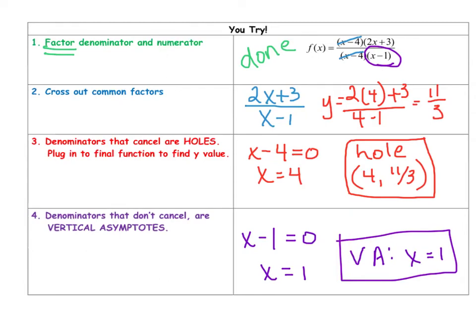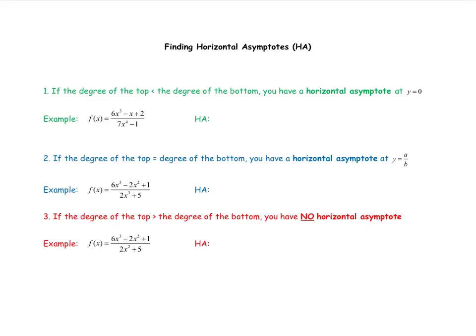Now let's learn how to find the horizontal asymptotes. First, let's look at the green example. If the degree of the top polynomial is less than the degree of the bottom polynomial, then you have a horizontal asymptote at y equals 0. Well, let's look. How do you determine the degree of a polynomial? Well, you have to look at the exponent. So in the numerator, my largest exponent is a 3.